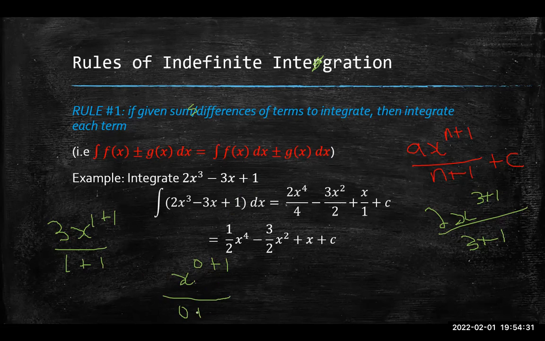So 0 plus 1 is 1, so x to the power of 1, but of course, by our law of indices, anything raised to the power of 1 is itself. So by saying x to the power of 1, I really just mean x, right? And then 0 plus 1 is 1. But you can't leave it like this, you simplify. So if I simplify this, I get a half x to the power of 4 minus 3 on 2 x squared plus x plus c. Everybody good?